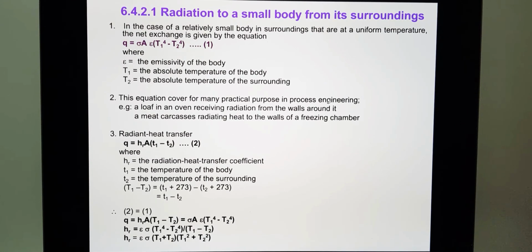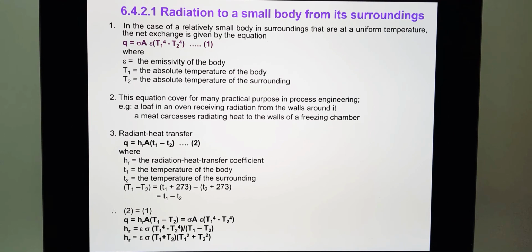Alright, now we move on to radiation to a small body from its surroundings. In the case of a relatively small body in surroundings that have a uniform temperature, the net exchange is given by the equation Q equals sigma A epsilon times (T1 to the power 4 minus T2 to the power 4), where epsilon is the emissivity of the body, T1 is the absolute temperature of the body, and T2 is the absolute temperature of the surroundings. This equation, equation number 1, covers many practical purposes in process engineering.